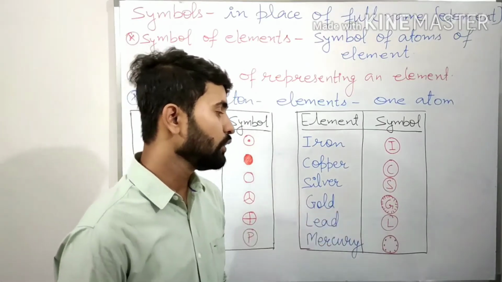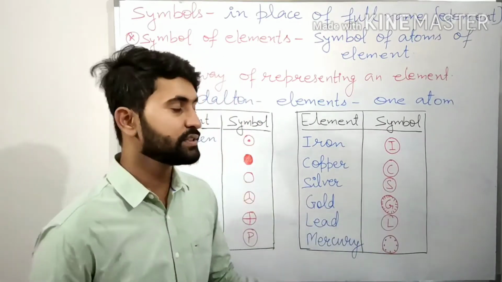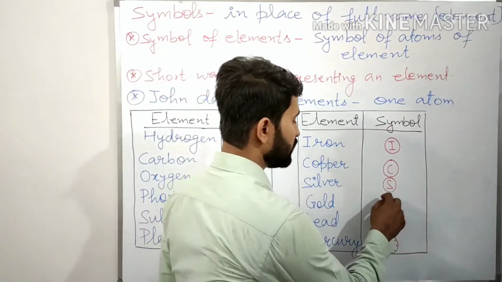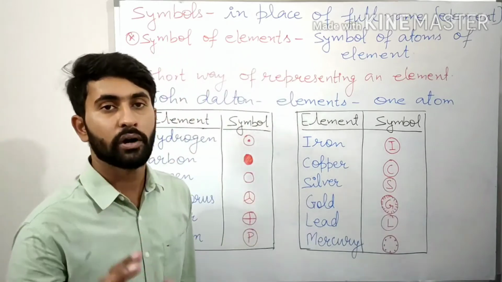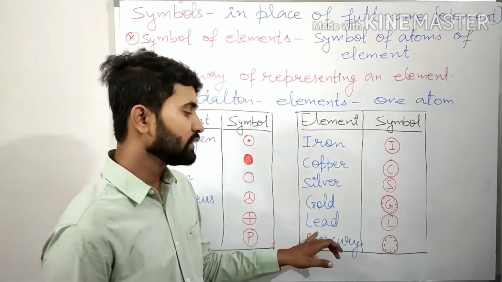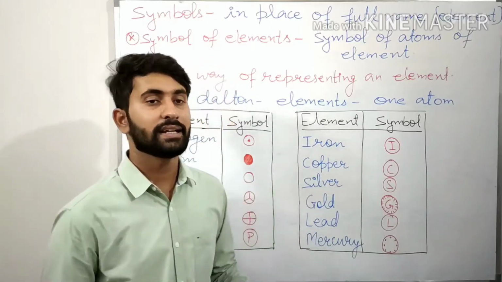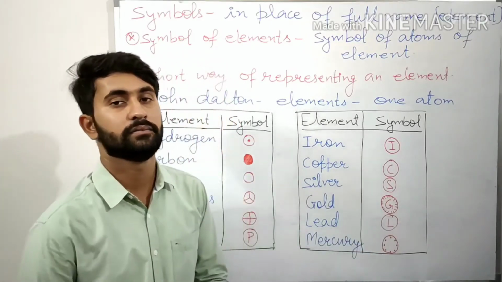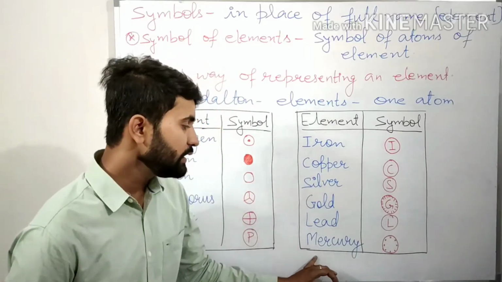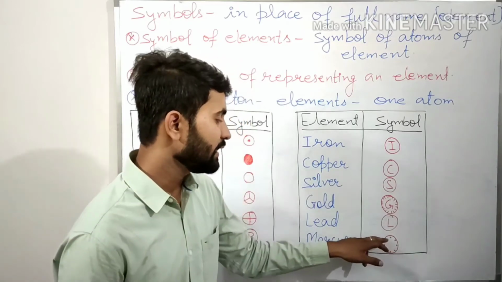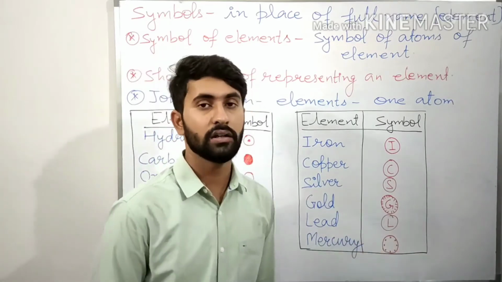For gold, the letter G is written inside a circle, and there are many small lines that point towards the inside. For lead, the letter L is written inside the circle. And for mercury, there are 8 small dots arranged inside a circle.